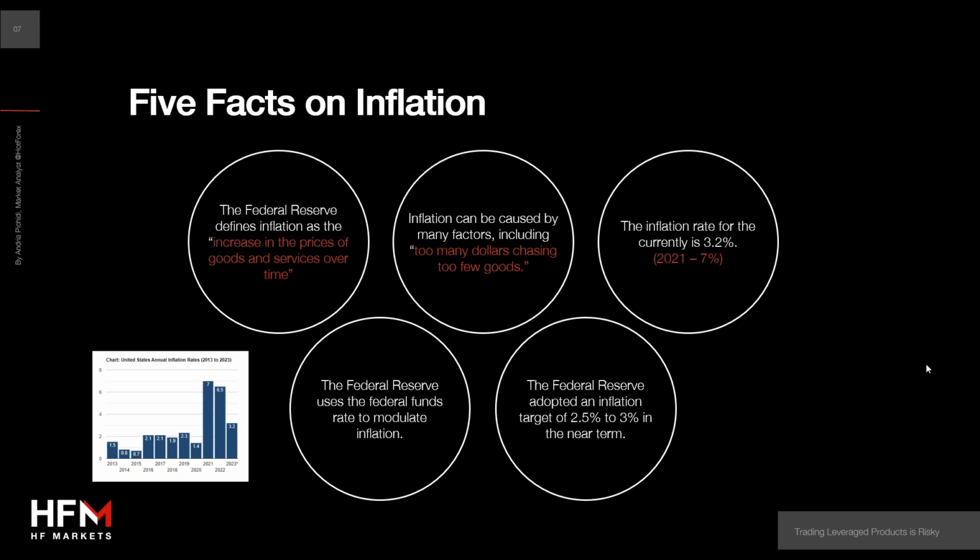Last but not least, the Federal Reserve adopted an inflation target of 2.5% to 3% in the near term. That was the latest updated target that the Fed has right now for inflation in the near term.